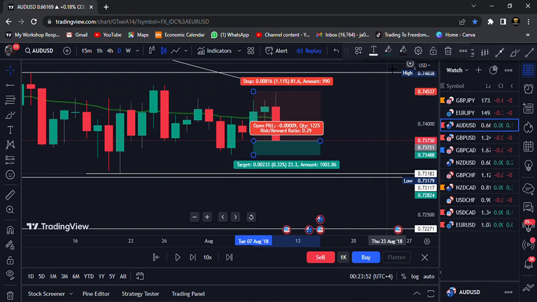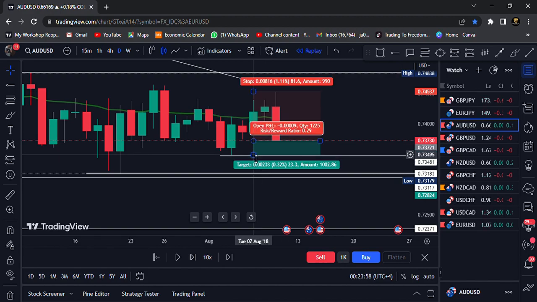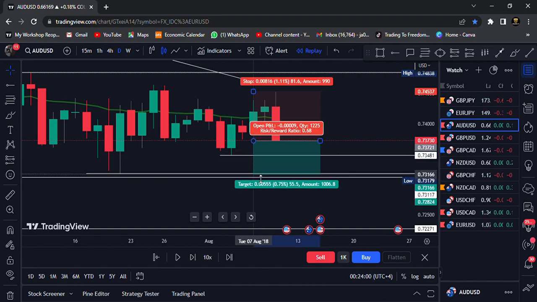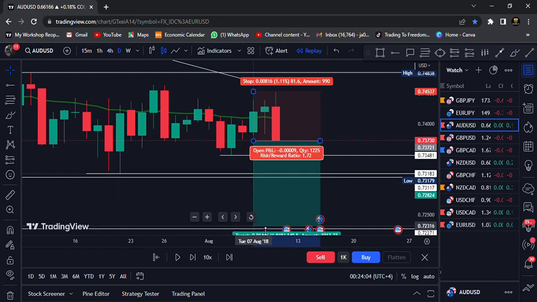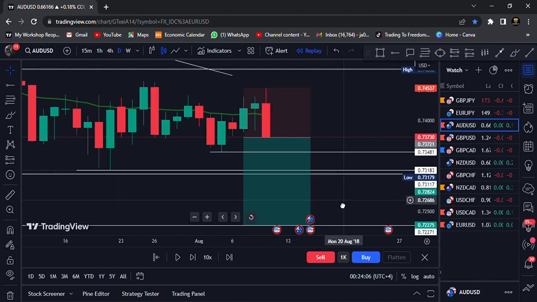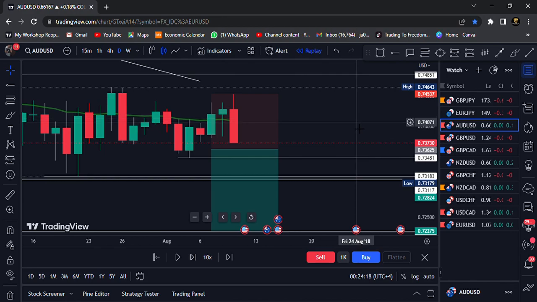It will only mean we have to take our first TP here, then the second one here, then it can continue to here. But as I say, we always give some space for market to breathe. Yeah, 10 pips for market to breathe.